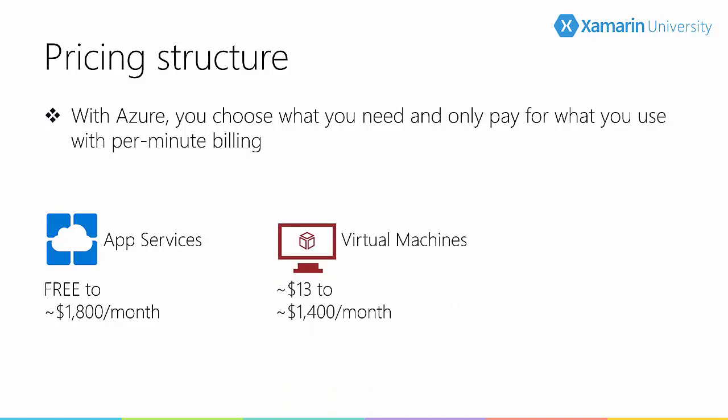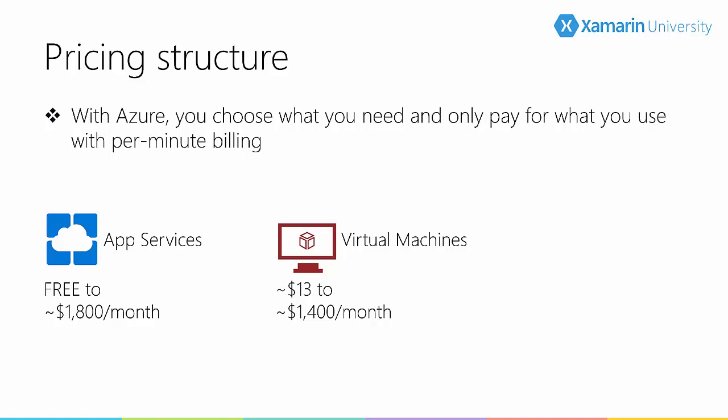Virtual machines vary widely in price depending on what you need, and there's lots of options here with different CPU and RAM combinations and even different types of hard drives, for example SSD versus traditional hard drives. Once you've used your $200 credit, then you'll need to pay for VM space, and it starts at about 0.018 cents per hour for one core with 0.75 gigs of RAM and 20 gigabytes of disk space.